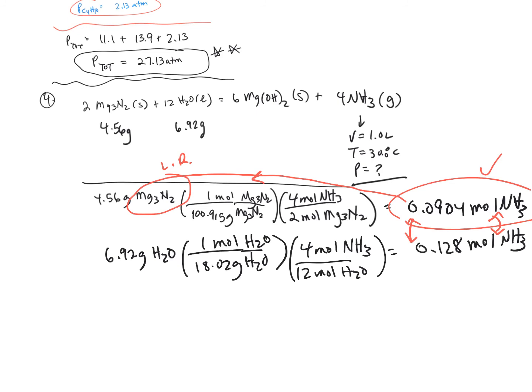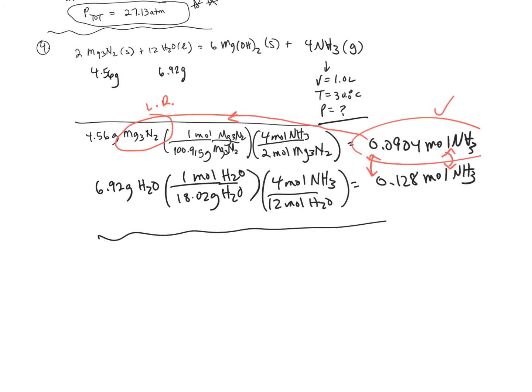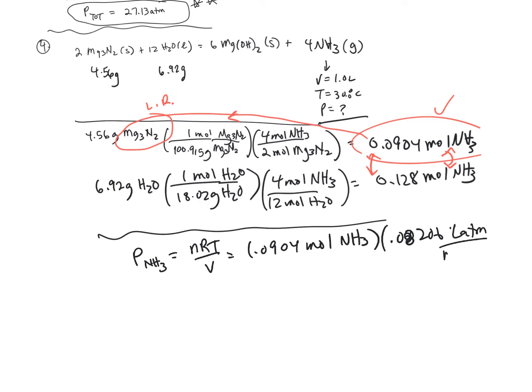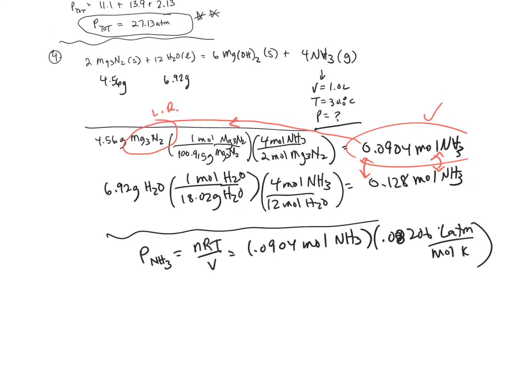Right, okay, next is the pressure of the ammonia. You've got the amount of ammonia, 0.0904. So the pressure of NH3 that will be formed will be nRT over V. PV equals nRT, and solve for P. So the number of moles is 0.0904 moles NH3 times 0.08206 liter atmosphere per mole Kelvin.